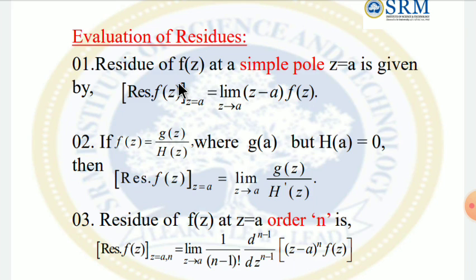The first one is about a simple pole. Suppose the pole is of order 1, then the residue of f of z at z equal to a is equal to limit z tends to a of z minus a into f of z.